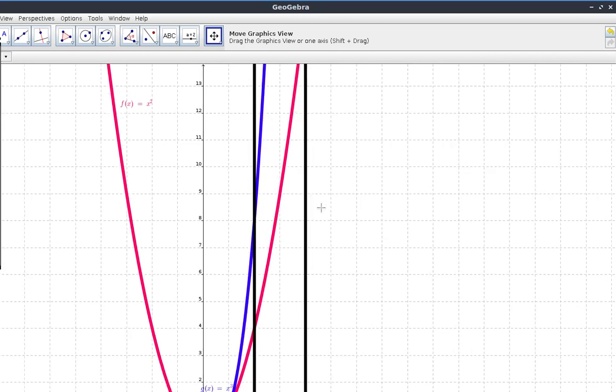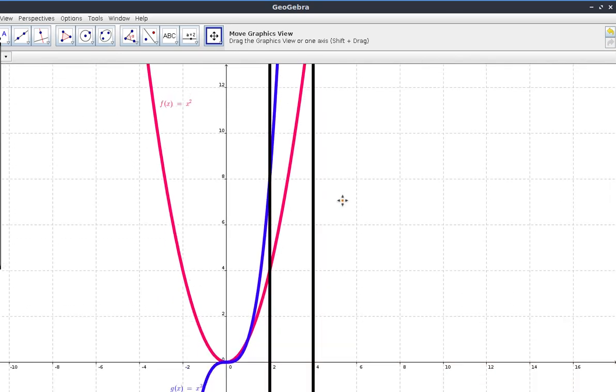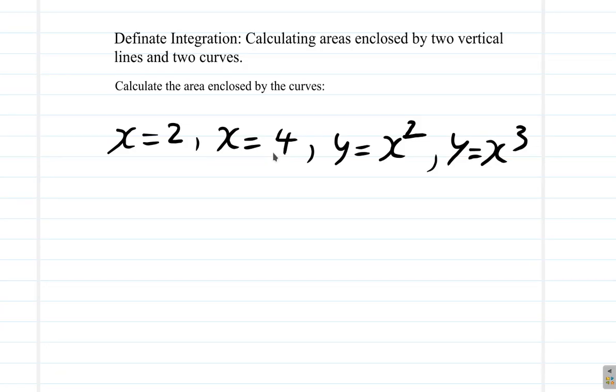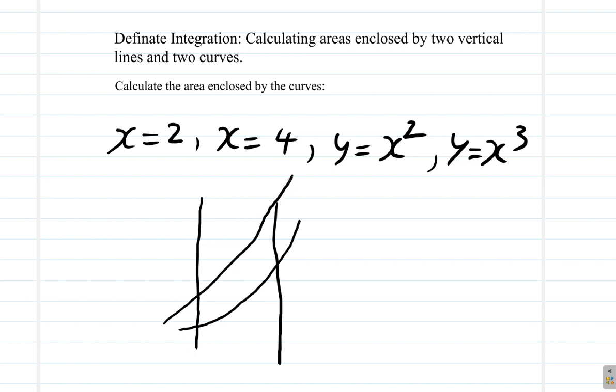You can see that the x cubed line is steeper than the x squared line. So basically, you would have the two vertical lines, x equals 2, x equals 4, you have the x squared and the x cubed, and then the area you want is right between here.